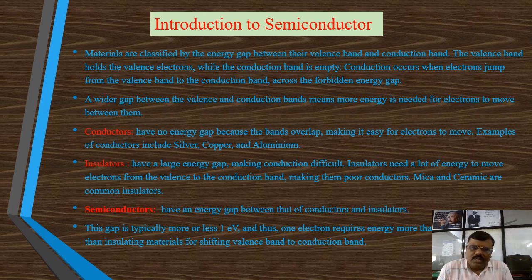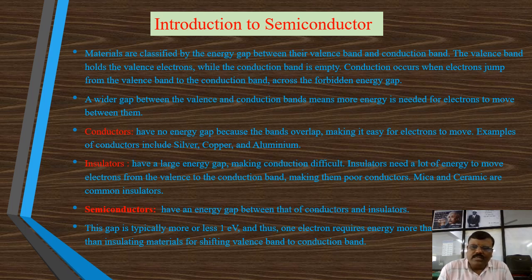We know there are three types of materials: conductors, insulators and semiconductors. They are based on this energy gap. The conductors have no energy gap because the bands overlap, and the electrons easily move from the valence to the conduction band.